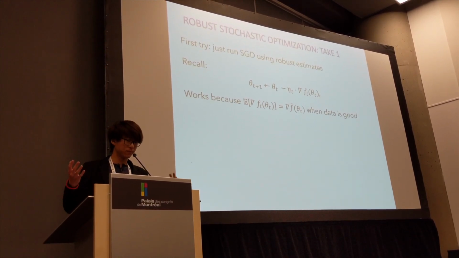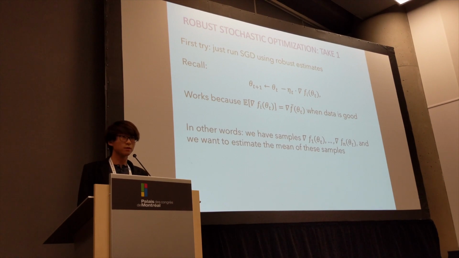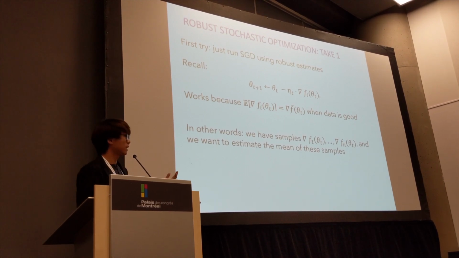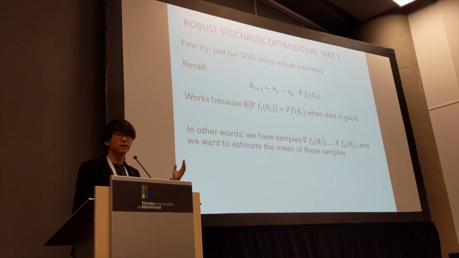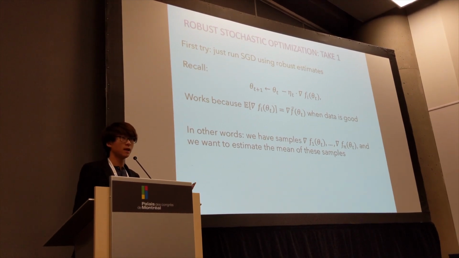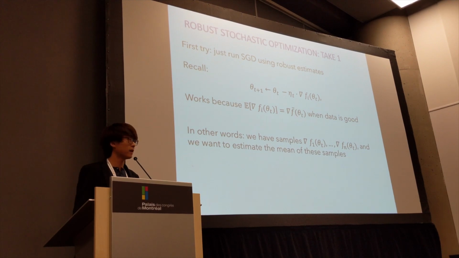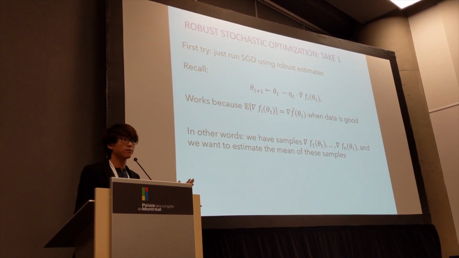Stated perhaps more suggestively, we have samples, gradient of f_1 up to gradient of f_n, and all we care about is being able to estimate the mean of this distribution at my theta t. When there are no corruptions, I can just use a very naive plug-in estimator, just try any one.